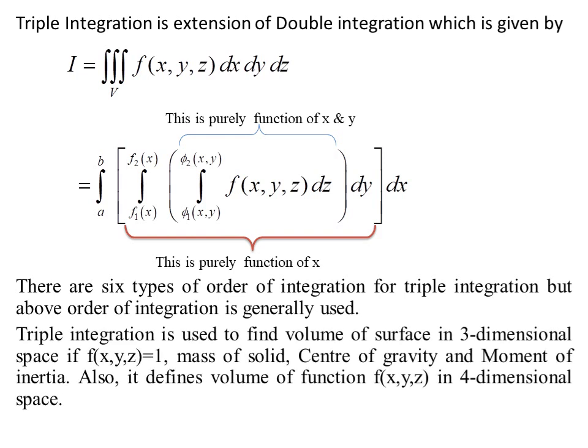Triple integration is used to find the volume of a solid in 3-dimensional space if f of x, y, z is equal to 1. Similarly, we can find the mass of solids also, the center of gravity and moment of inertia of some solids, and triple integration can also define the volume under the function f of x, y, z in 4-dimensional space.